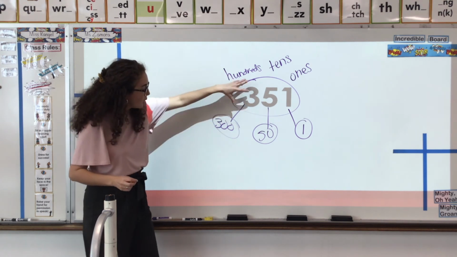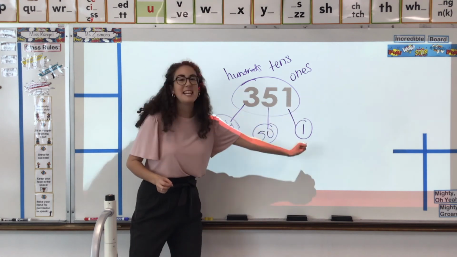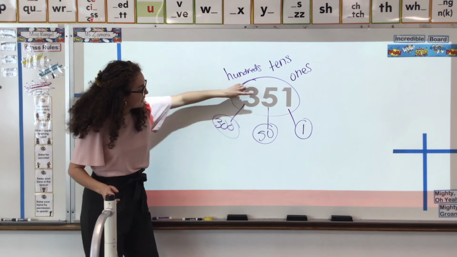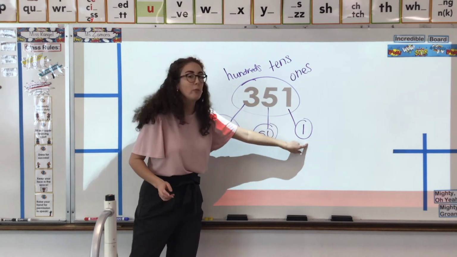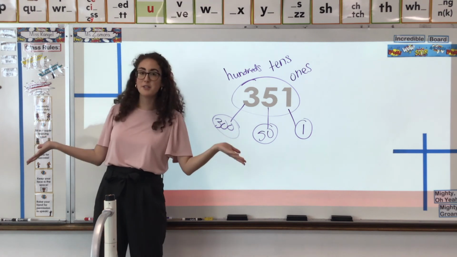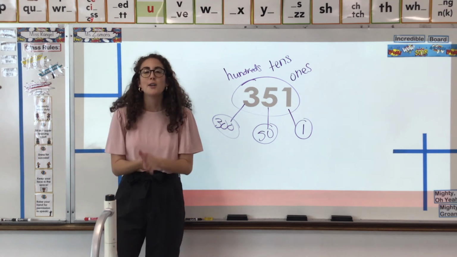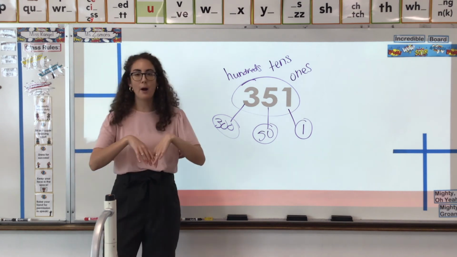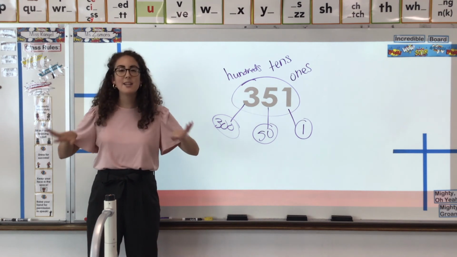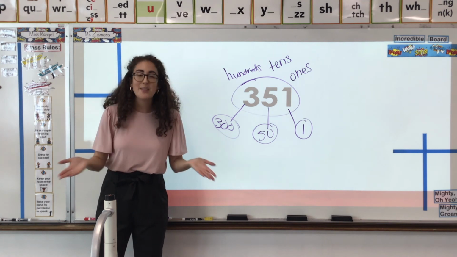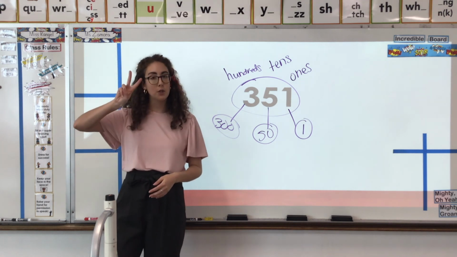So we broke apart this number into each value of each digit. 300, 50, and 1. All together make 351. So this is how we can show a number using a number bond to break it apart into the value of each digit. So you are going to do the same thing on your own with two numbers.